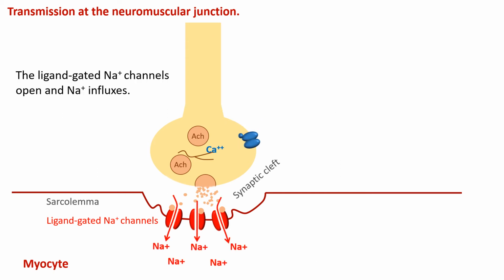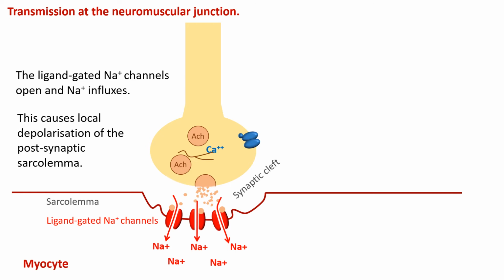Those channels then open, and sodium, of course, will influx. Again, strong electrochemical gradient, sodium always influxes. So sodium has influxed through ligand-gated sodium channels because ACH bound to them.